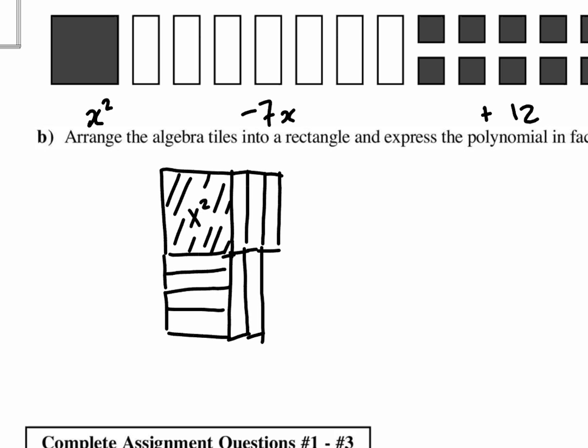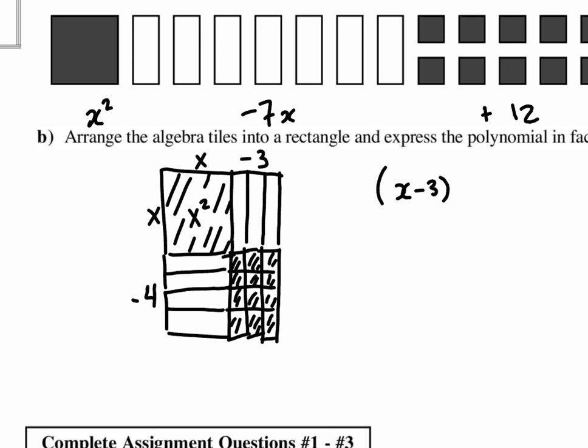And these are all positive because two negatives multiplied together equal positive. These are shaded. Okay, so what's the dimension here? An x, and then what? Minus 3x, minus 4. Yeah, so our factored form is x minus 3 times x minus 4.